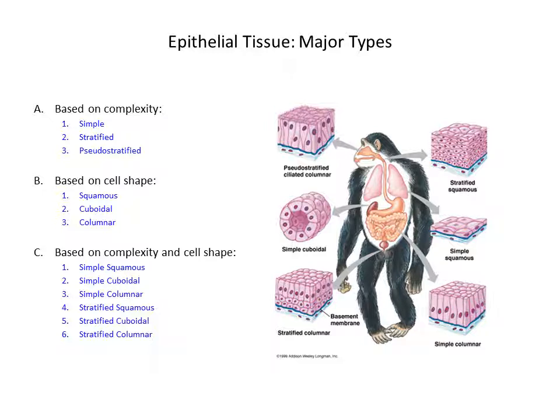Cuboidal, you have a nice regular pattern. It is roughly like a cube. And columnar means they're actually stretched north-south. And I don't think we need to discuss combining those terms. The examples are listed over here and illustrated. They're quite nice.